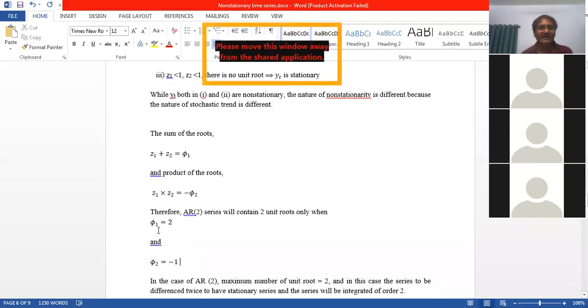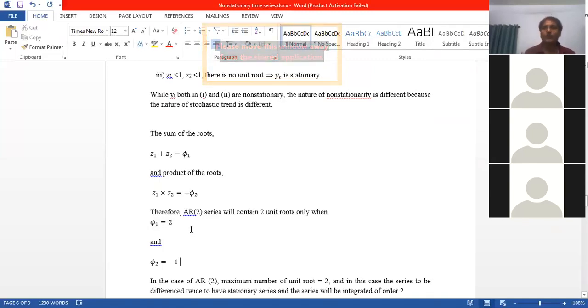So in this expression, if the value of phi 1 is equal to 2 and the value of phi 2 is equal to minus 1, in other words, if the series yt looks like this, yt is equal to phi naught, whatever may be the value of phi naught, plus twice yt minus 1. Why twice yt minus 1? Phi 1 is equal to 2. Minus yt minus 2. Why minus yt minus 2? Because phi 2 is equal to minus 1. So if yt is equal to phi naught plus twice yt minus 1 minus yt minus 2 plus epsilon t, then yt will contain 2 unit roots.